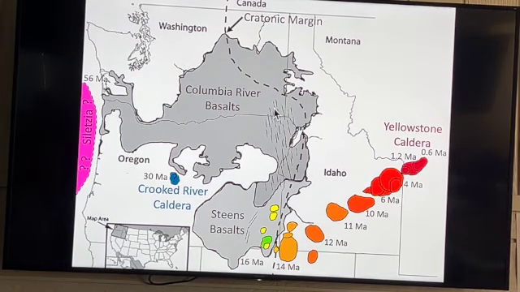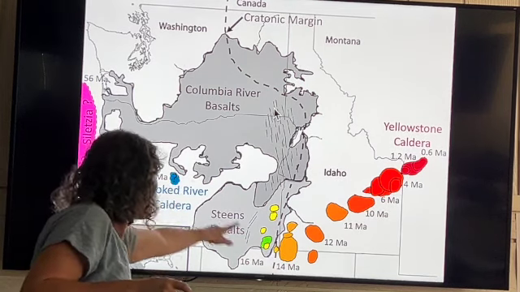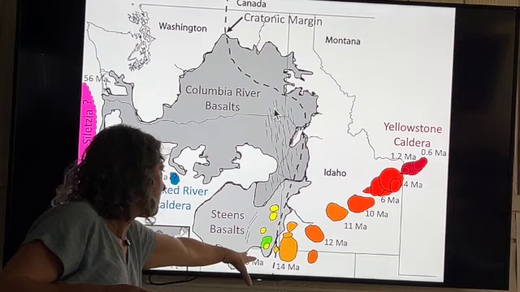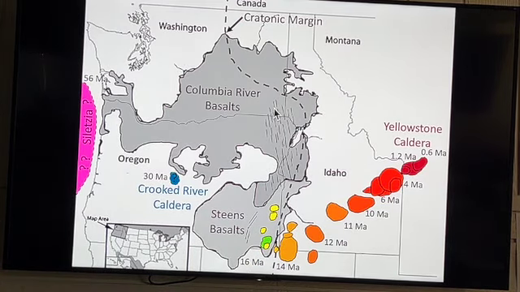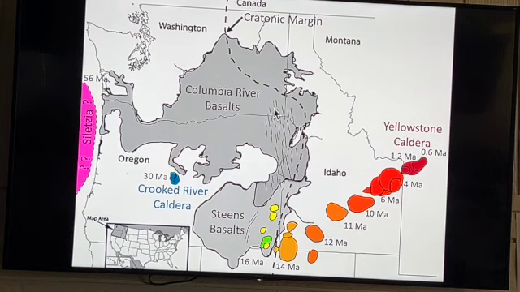So maybe that's not what's happening. The other key piece of evidence is the chemistry. The hotspot volcanics, material that's erupted because of a hotspot, has a signature, like a fingerprint of trace elements, that says this magma was generated from a hotspot. And that's what the U of O student was working on here, looking at the chemistry of the rock, and it really does seem to have the signature fingerprint of a hotspot. So these are questions that are still out there.